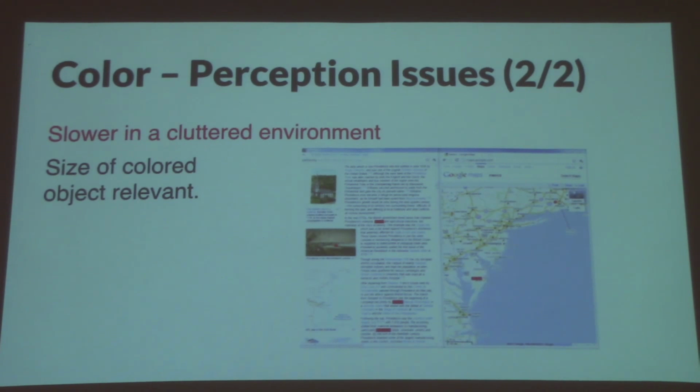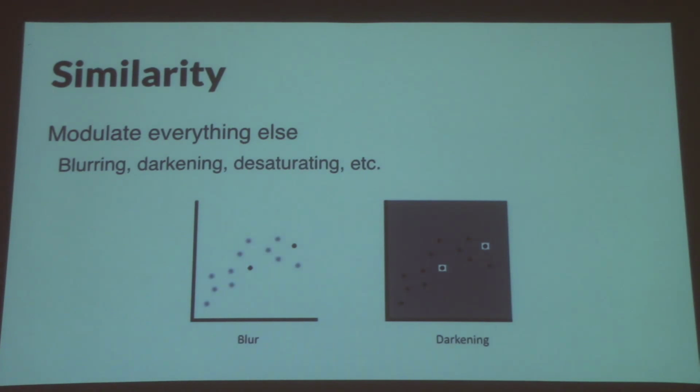The size of the colored object here is relevant. If you look at this screenshot, you can probably spot quickly 4 highlighted regions here, but in total there's 6. So there's one here and there's one here, and this one is harder to spot, of course, because of the contrast, and it's reduced in size, and this one is harder to spot because of the size, and again, it's in a more cluttered environment.